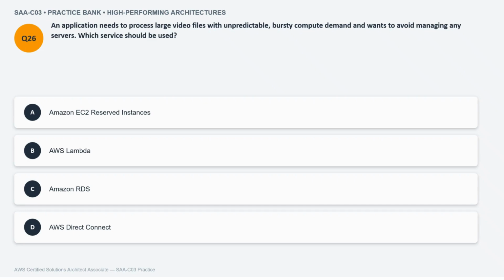So the answer will be AWS Lambda, because Lambda automatically scales to match an event-driven bursty workload with no server management, ideal for unpredictable compute demand. And here we are asking for bursty compute demands and wanting to avoid managing servers. Unpredictable is also there, so we can go with AWS Lambda.